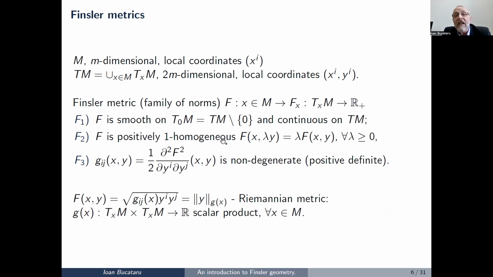We still have homogeneity, but only positive homogeneity, and we have non-degeneracy. Sometimes people ask for positive definiteness. Usually I don't need positive definiteness, so I will use only the non-degenerate situation. So a Finsler metric is a collection of norms that satisfy these properties.